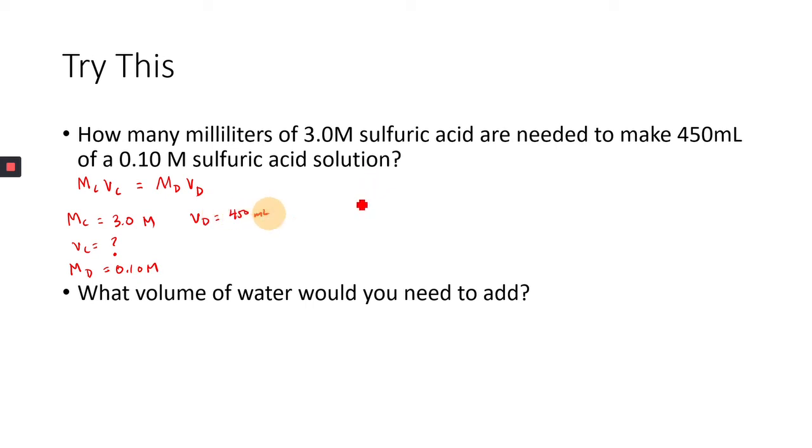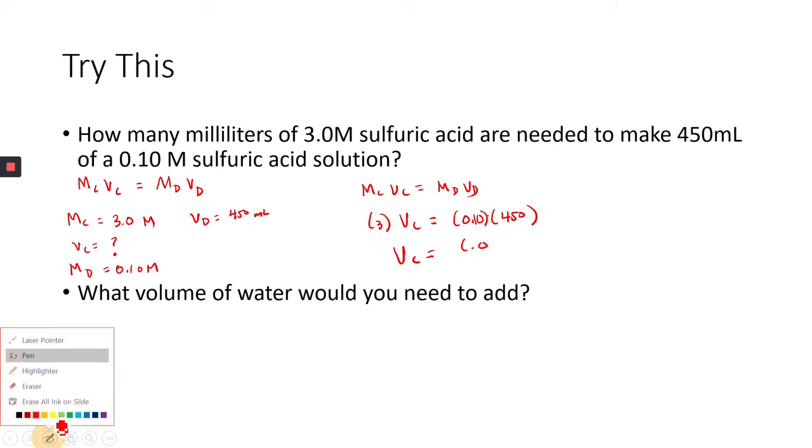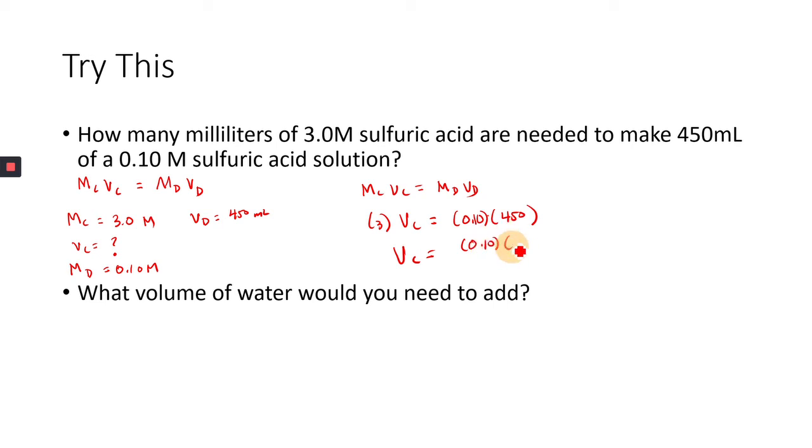So now I can plug everything in. So the volume of my concentrated would just be 0.10 times 450 divided by 3, and you will get 15 milliliters.